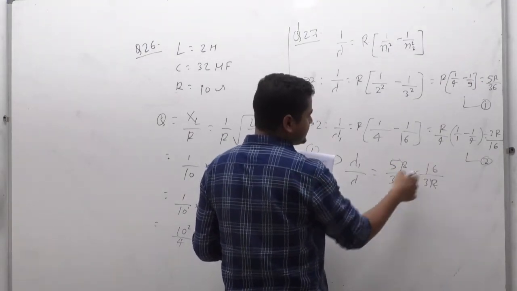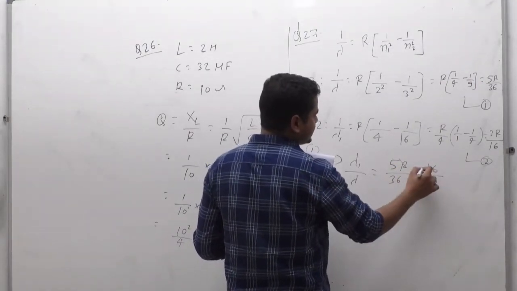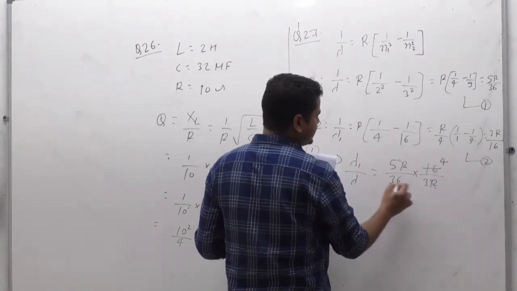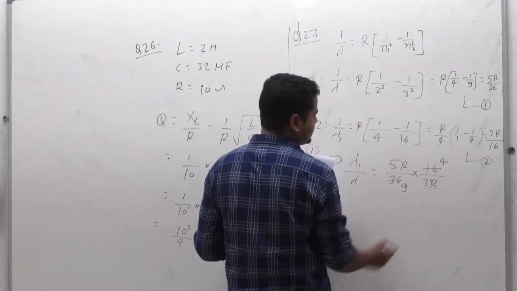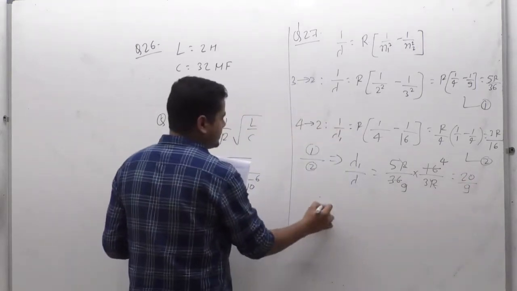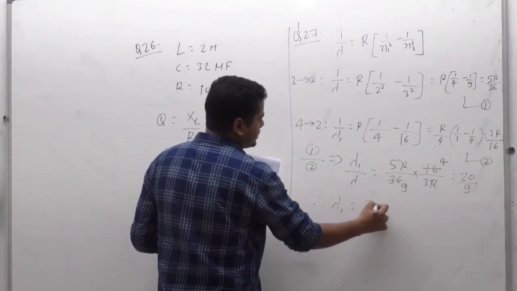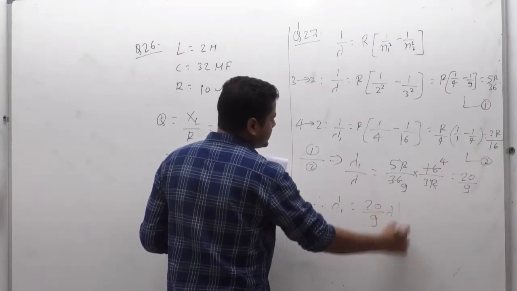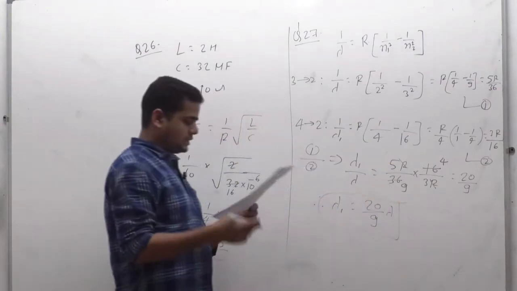Now this is 16, this is 36: 4 into 4 is 16, 4 into 9 is 36. So this is 20 upon 9, so lambda 1 equals 20 upon 9 into lambda.